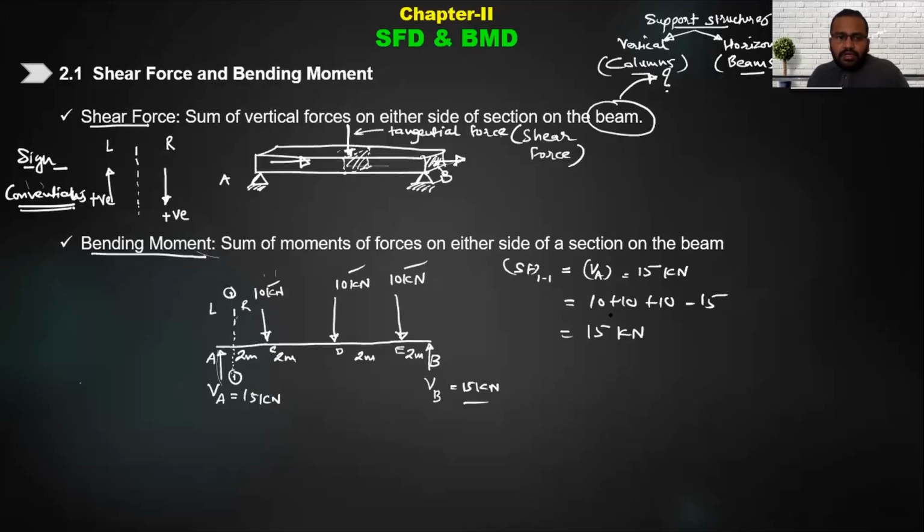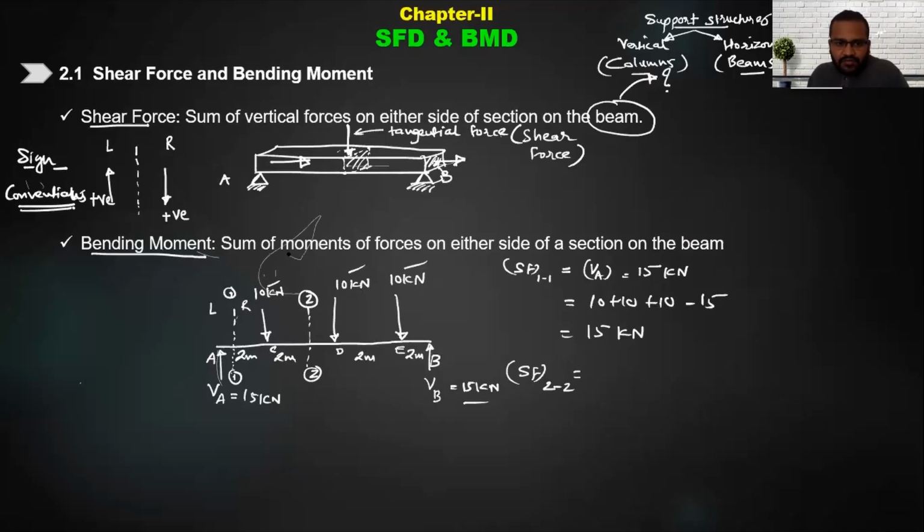Okay, understood this. But now for example, if I take the cross section somewhere here, section 22, and I want to find out the shear force at section 22, then it will be what? Again the summation on the left hand side and right hand side.